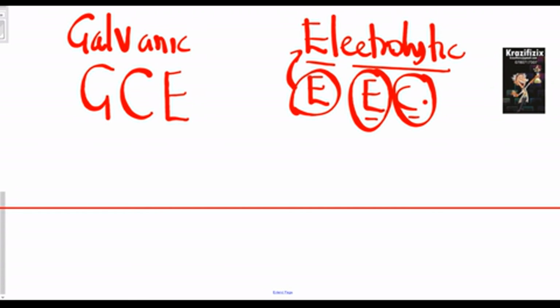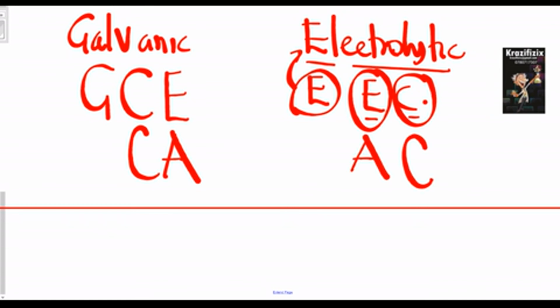That's the first step. The second step is to reproduce our C. I'm going to write a C here and an A here. This simply represents my cathode and my anode. Remember, when we do mathematics, it's always plus and minus. So I'm going to write plus and minus.